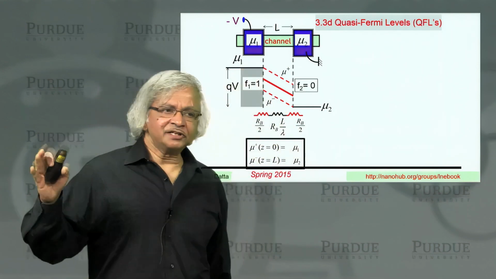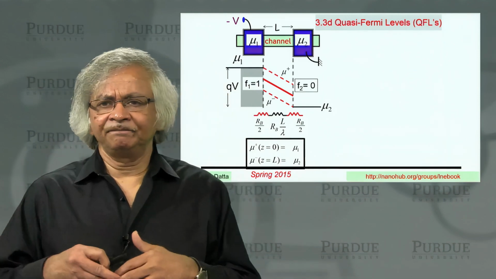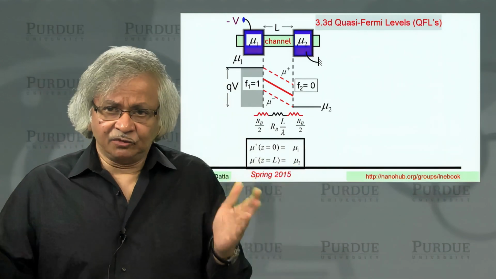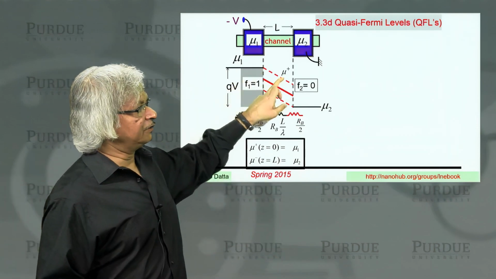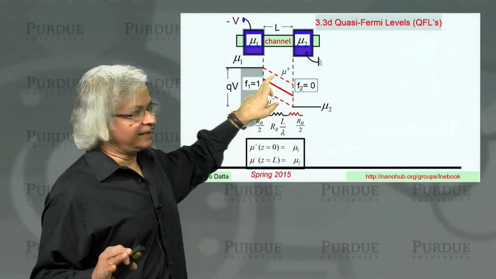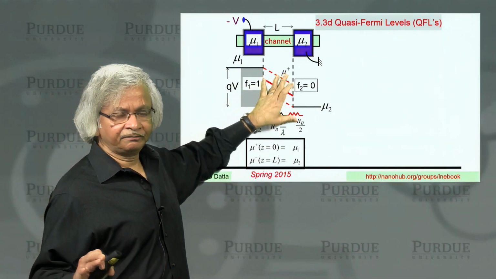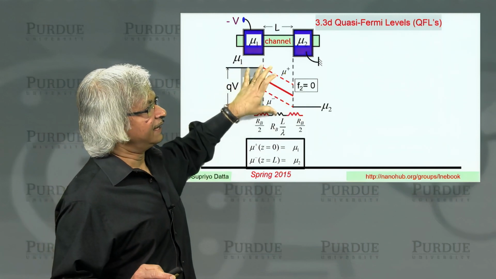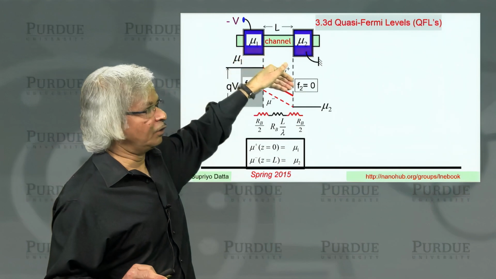And as I've mentioned before, on this scale of things, dissipation usually happens somewhere else, mostly in the contacts. So when I draw this mu going down like this, I don't imply that energy is being dissipated down here necessarily at all. All that it says is that the density of electrons will keep going down.